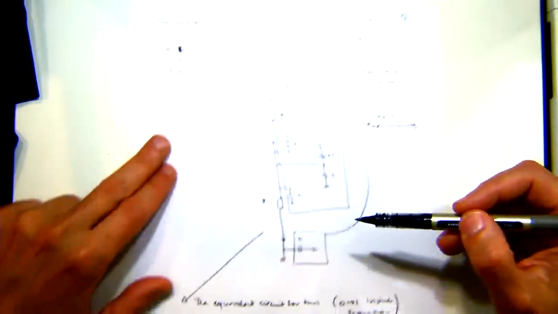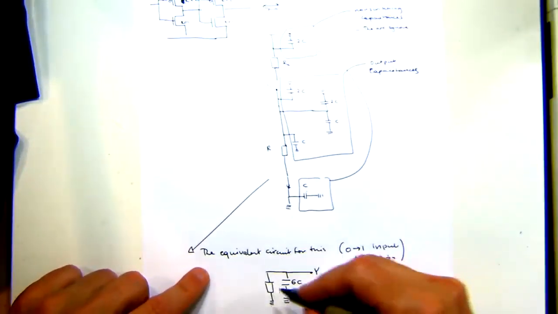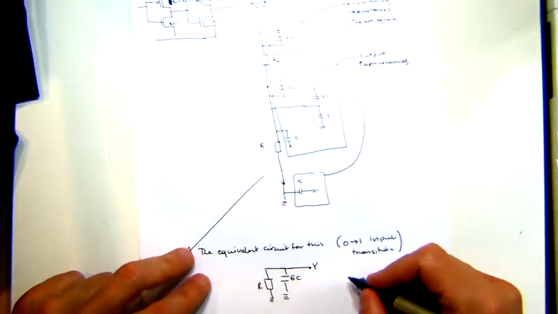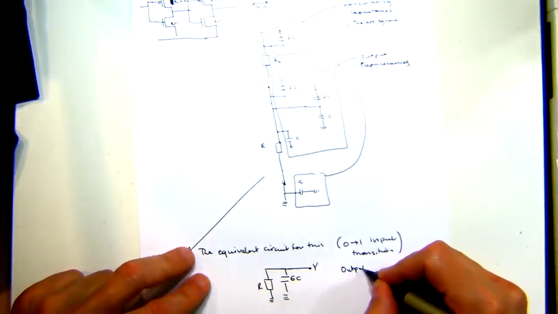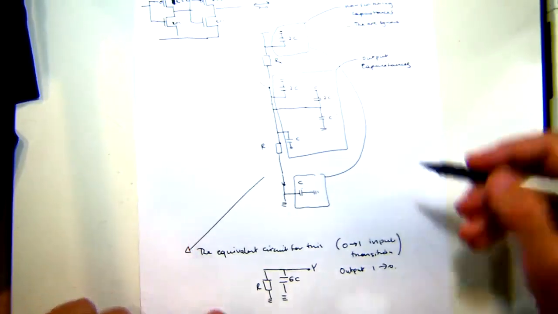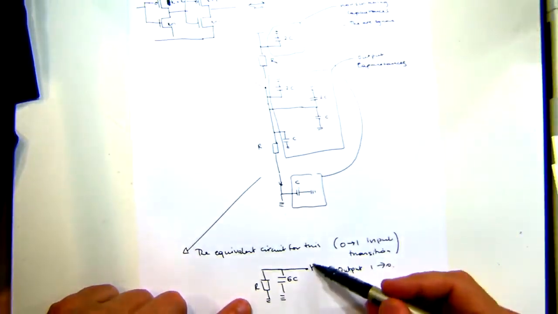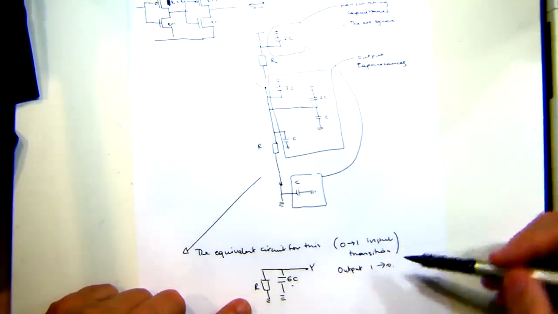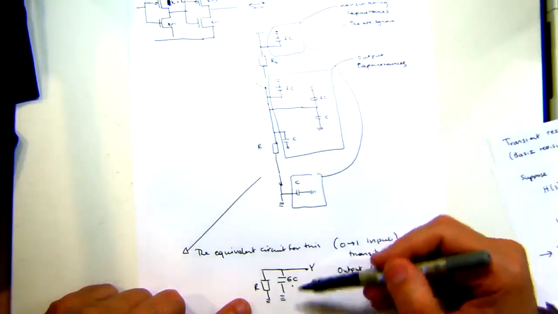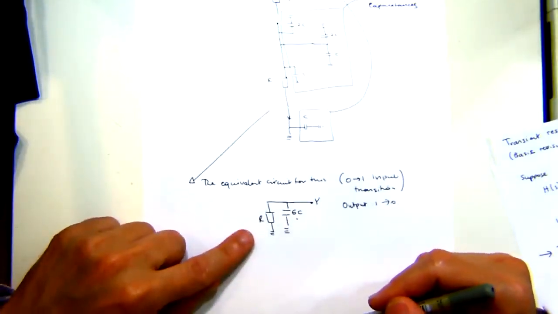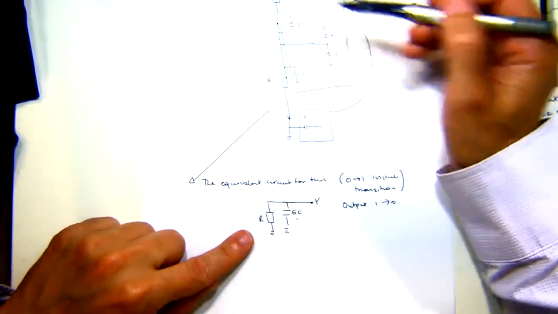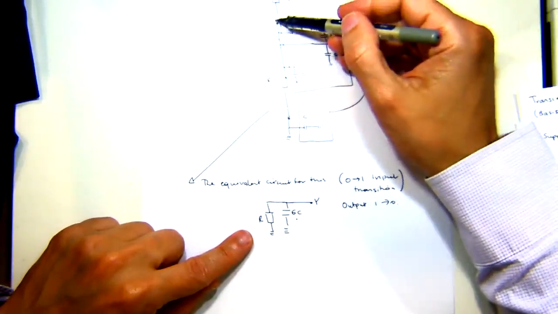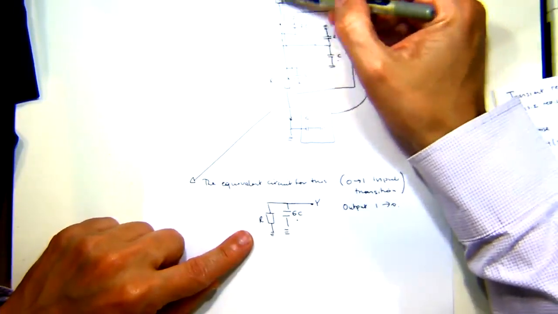When we go from a transition from 0 to 1 at the input, the output goes from 1 to 0. Essentially, what we're driving is 6 units of capacitance, 1 unit of resistance. You can use that to work out what your response is going to look like. So there's 2, 2, 1, 1, that's 6, and 1 unit of resistance. The switch is open here, so I don't have to consider what's happening in that resistor.